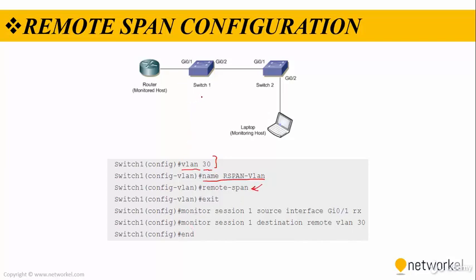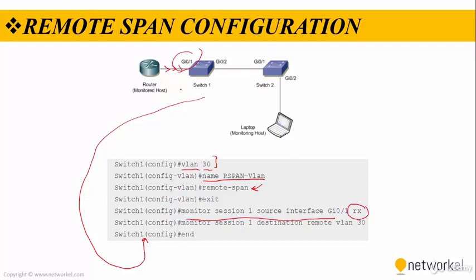Then on switch 1, which our monitored host is connected to, you can type monitor session 1 source interface gig0/1, and watch the port on the RX, the receive side.